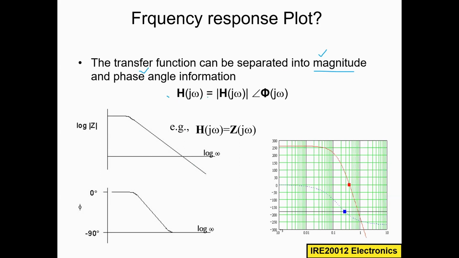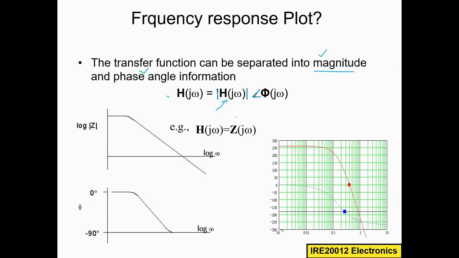H of j omega is equal to the magnitude of H of j omega. If you put this modulus sign, it indicates the magnitude. And then the angle, if you put this sign, that indicates the angle of H of j omega. So this represents the complete system response with respect to magnitude and also phase angle.